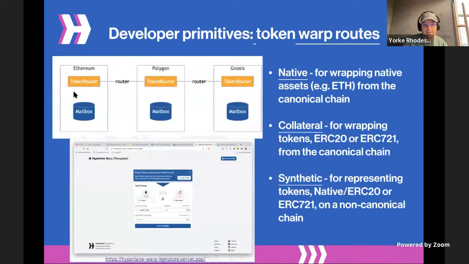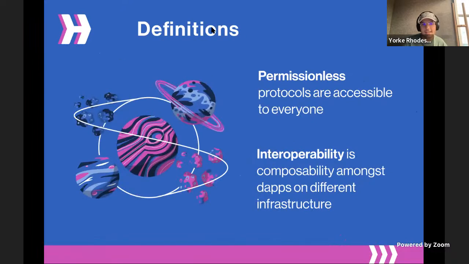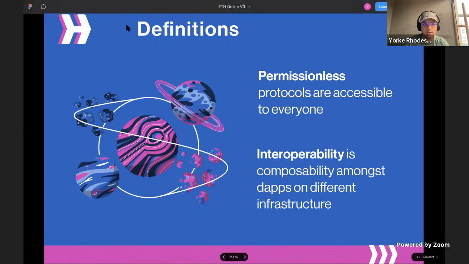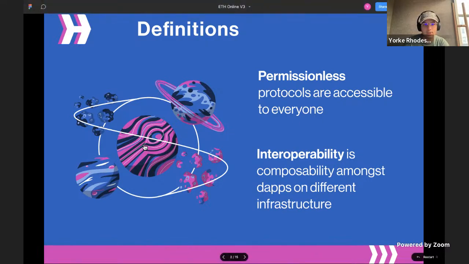Again, we're focused specifically on this permissionless interoperability goal. So we want to allow anyone to deploy this and expand it to any chains. We don't want to be the only person who can operate this thing. It's a good question though.